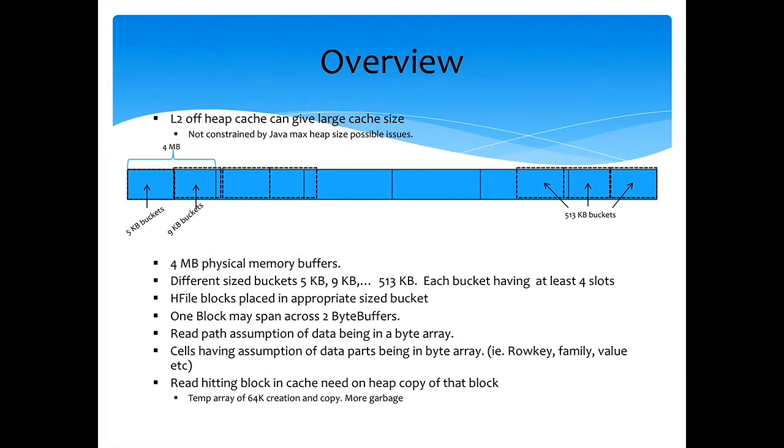We know that an HFile is split into HFile blocks of 64 KB by default. To accommodate these different sized HFile blocks, with all default values, we have 5 KB sized buckets, 9 KB sized buckets, and so on till 513 KB sized.